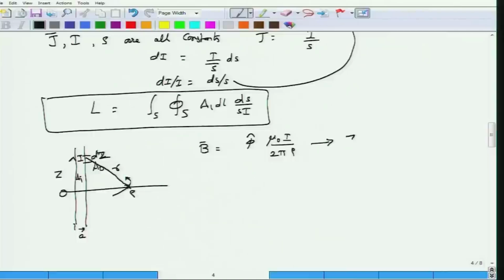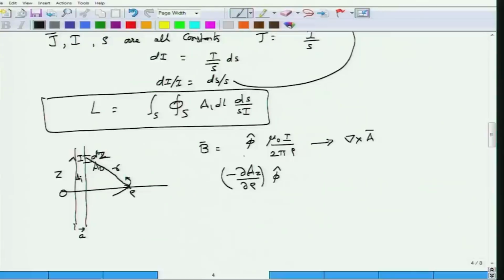From this you can actually calculate what is curl A. Curl A should obviously have only the phi component, right. So, it does not have any other component, and you will actually see that the phi component is del A z, right, minus del A z by del rho along phi, okay.